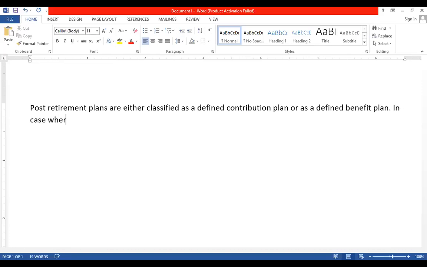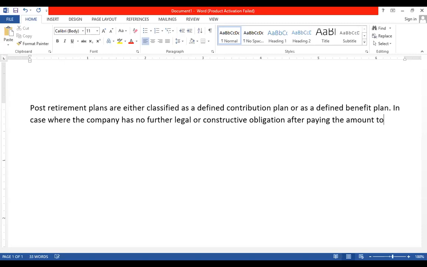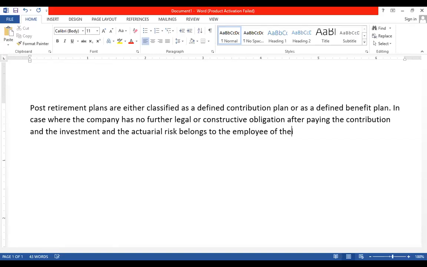In the case where the company has no further legal or constructive obligation after paying the contribution, and the investment and the actuarial risk belongs to the employee or a third party, such plans are treated as a defined contribution plan.